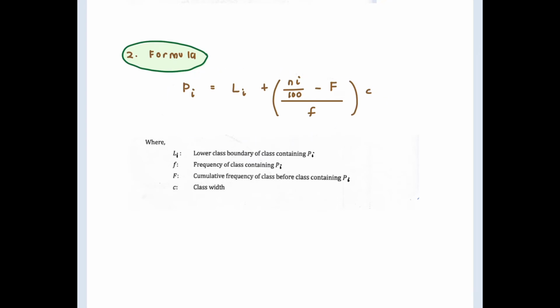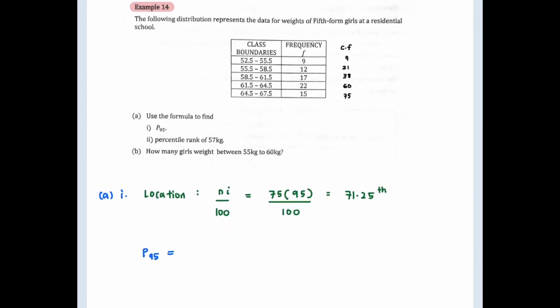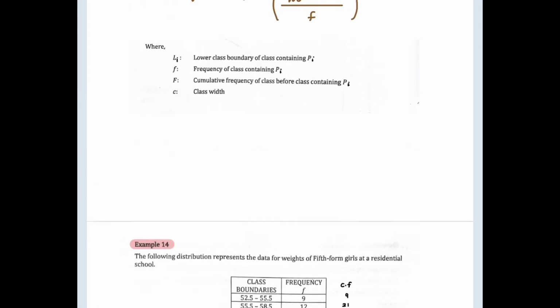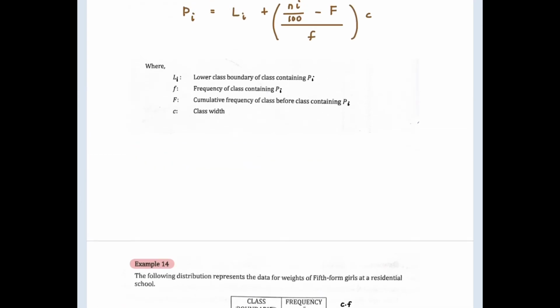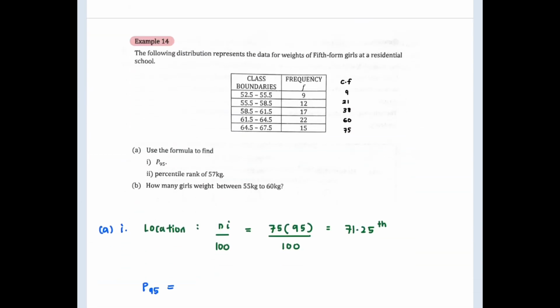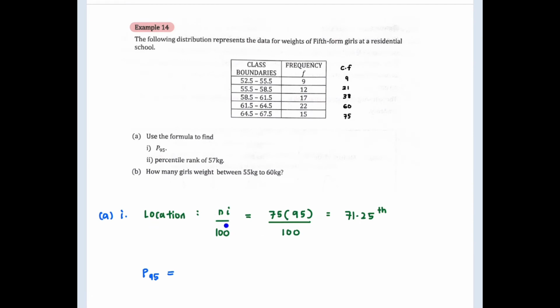You have to find the lower class boundary. Before you plug in the values into the formula, you have to find the location first. In this case, I just use the symbol i, because in this formula we are using i for the percentile. So the location is Ni over 100. You can also write Np over 100. N is the total number of data. So how many total frequency? 75.